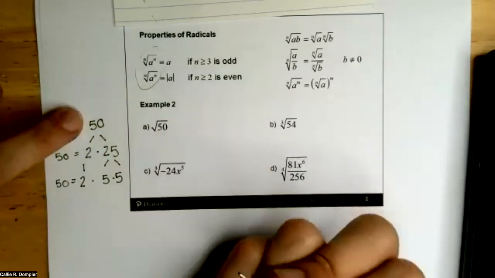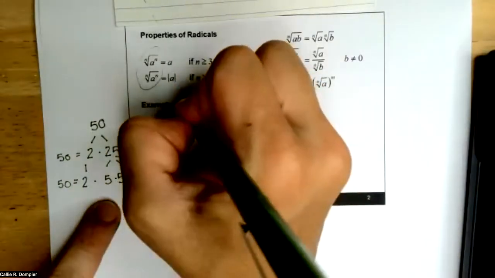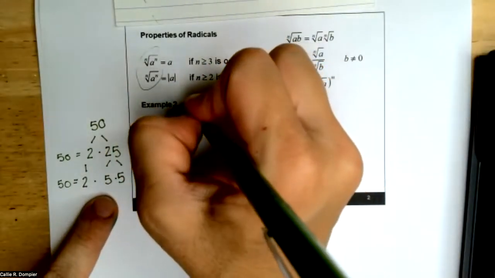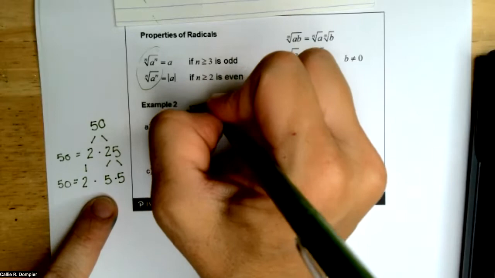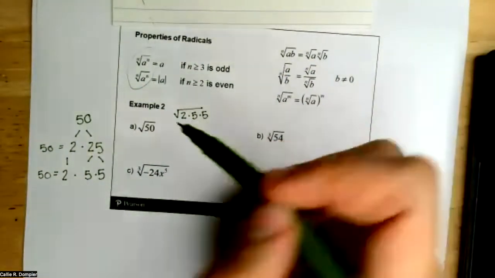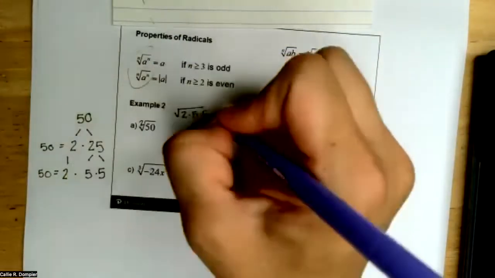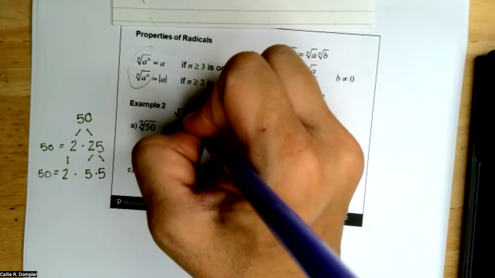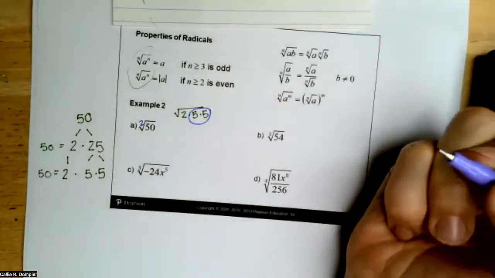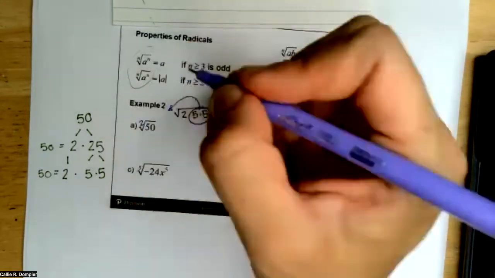It still equals the original number up here, but you want to get it into these small numbers because you're trying to find, if this is an understood 2, that means if any number is multiplied by itself 1 time or 2 times, it comes out.